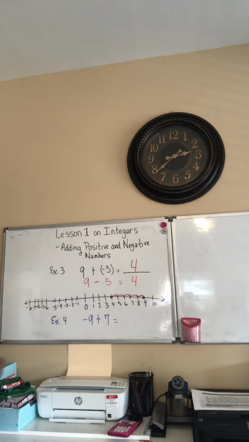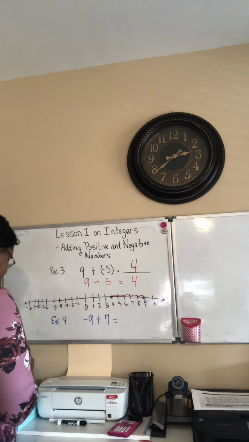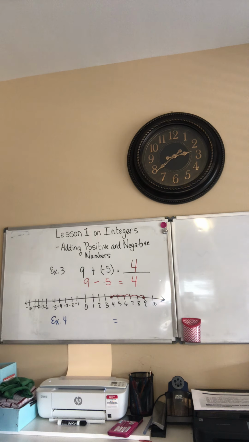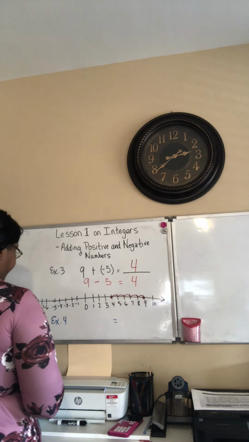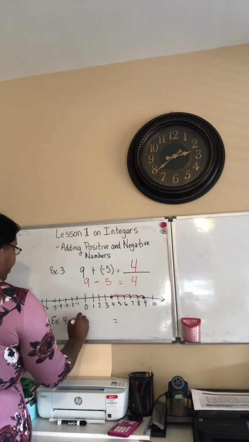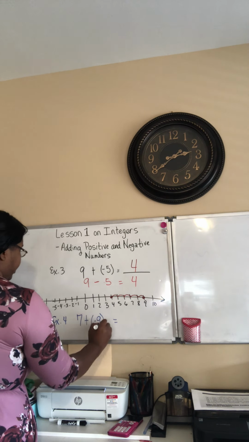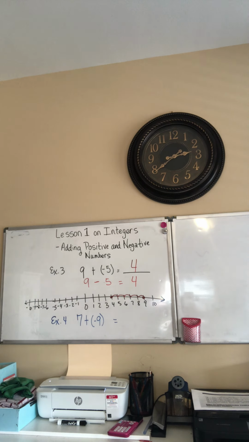Okay, so for this particular problem, and I'm going to rewrite this because I want you guys to see this a special kind of way. So let's say we have 7 plus a negative 9. Okay? Yeah, let's do it that way first.